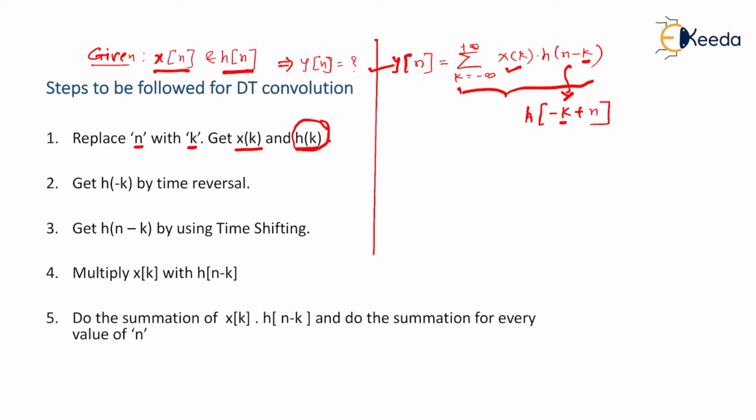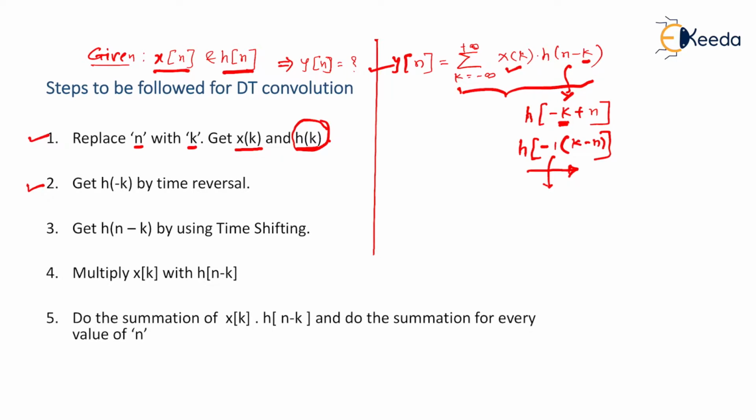And we know that we always try to make the independent variable coefficient free, and to do so, I'll do it like this: h of, I'll take minus 1 out, what remains inside? k minus n. And now if you want to plot this h of k minus n, in that case we follow left to right approach, in which we first of all do a time reversal, and that's the reason why we go for this step, that is step number 2.